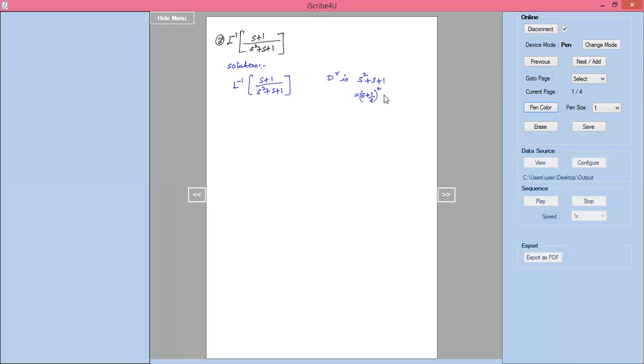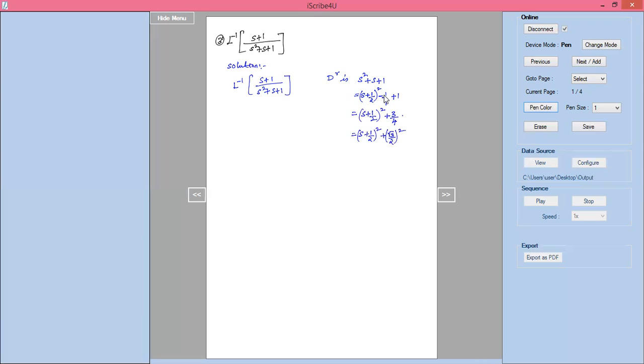That one I am writing as minus 1 by 4 plus 1. Now I will write s plus 1 by 2 whole square minus 1 by 4 plus 1, which is 3 by 4. Now you will get s plus 1 by 2 whole square plus 3 by 4, and I'll write that as root 3 by 2 whole square.